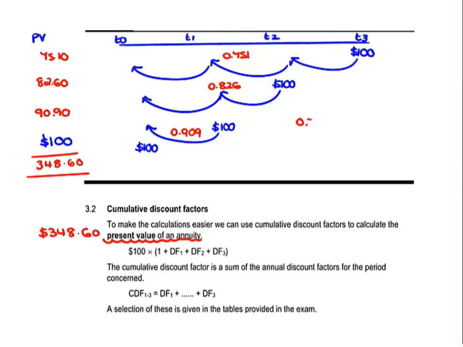So 0.751 plus 0.826 plus 0.909 is equal to 2.486, and that's known as the cumulative discount factor for years 1 to 3 at 10%.